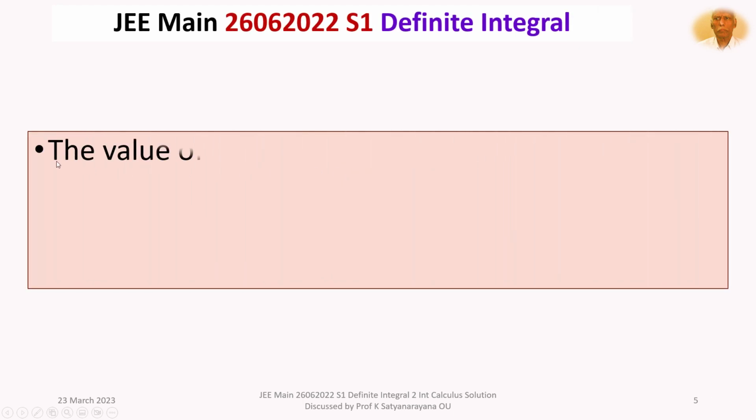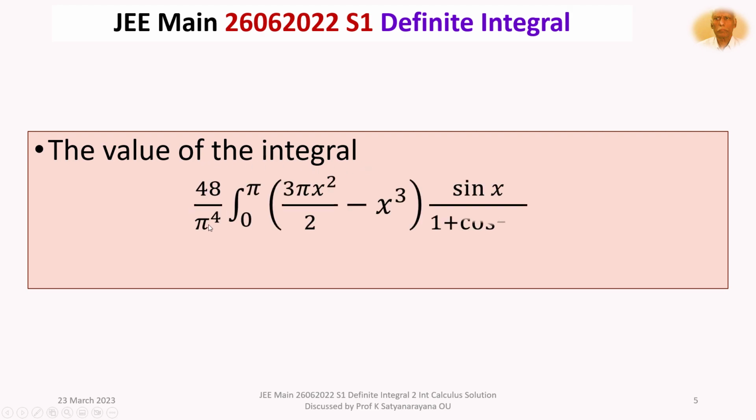The given question is: the value of the integral 48 by pi to the power of 4, integral 0 to pi, in brackets, 3 pi x square by 2 minus x cube, multiplied by sin x by 1 plus cos square x, with respect to x, is equal to.